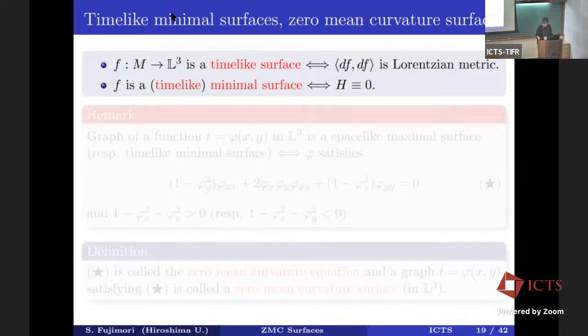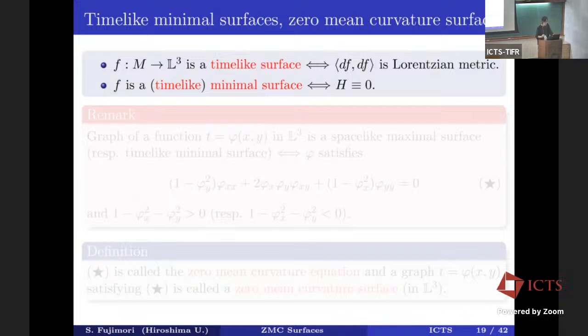Now I want to introduce something about time-like minimal surfaces. Let F be a surface in L3. F is called a time-like surface if the induced metric is Lorentzian. And F is a time-like minimal surface if the mean curvature vanishes identically.